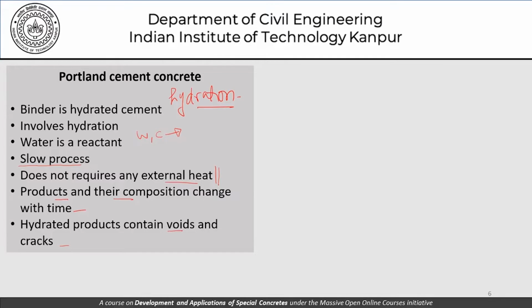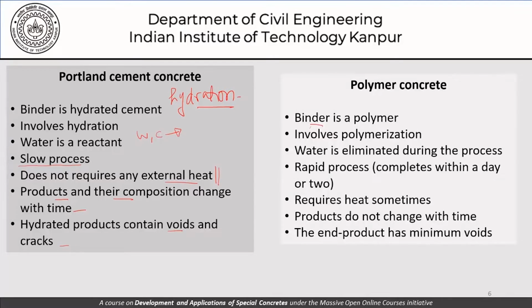As against this, if we talk about polymerization and polymer concrete, the binder is polymer, involves the process called polymerization. Water is eliminated from the process. So there is no water which is required for polymerization. It's a rapid process. As against the slow process of hydration, the polymerization is a rapid process and completes within a day or two. Requires application of heat at times.